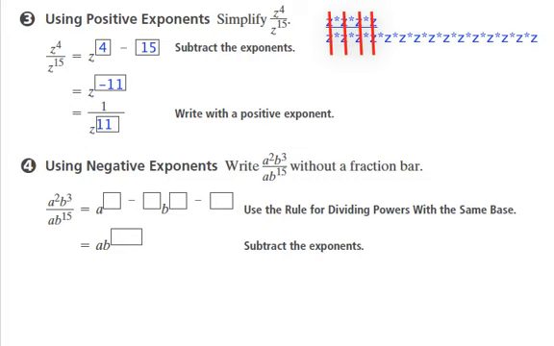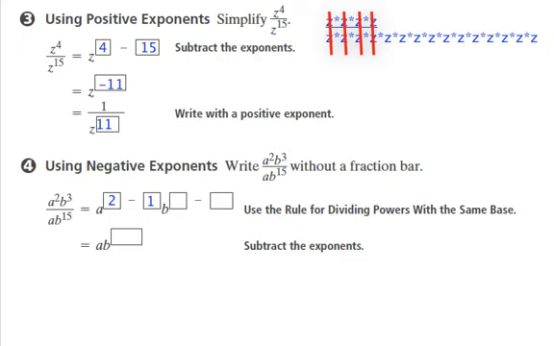On example number 4, using negative exponents, write a to the 2nd, b to the 3rd over a b to the 15th without a fraction bar. If we're not going to have a fraction bar, then we're probably going to have a negative exponent with this example. So first we deal with the a's. We have a to the 2nd divided by a. So that's going to be a to the 2nd minus 1.